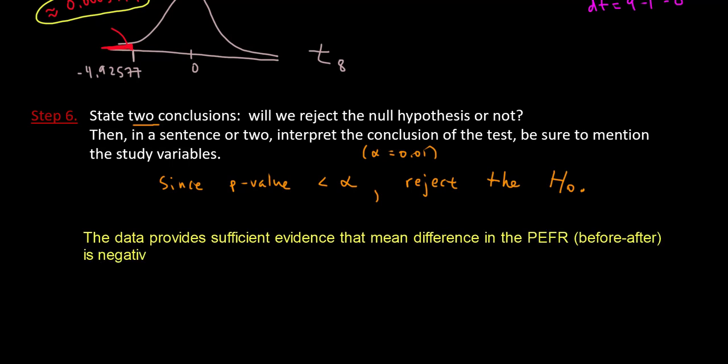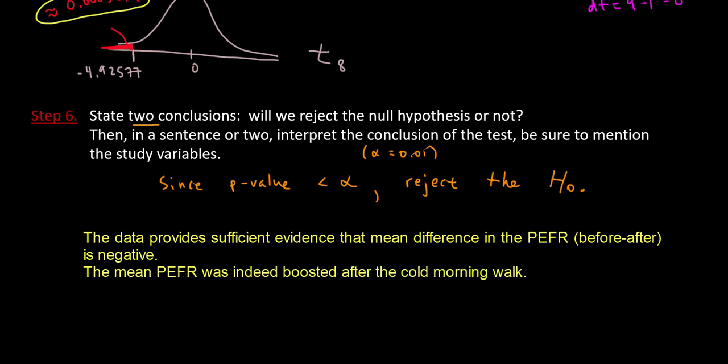Now that's still a little technical because is negative, that's kind of a little weird to think about. You might even want to say that the mean peak expiratory flow rate was indeed boosted after the cold morning walk. We just want to get that point across there.